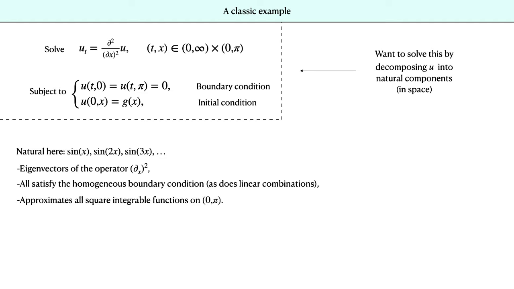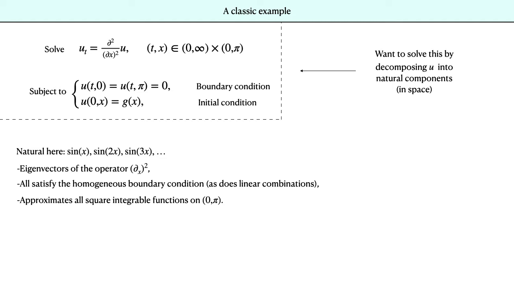You can use sine functions to approximate all square integrable functions from 0 to pi. This last point might be a little bit surprising, because most people are used to the fact that cosines and sines can be used to approximate square integrable functions from minus pi to pi, so 2 pi periodic square integrable functions.